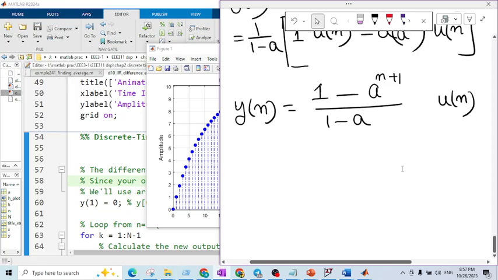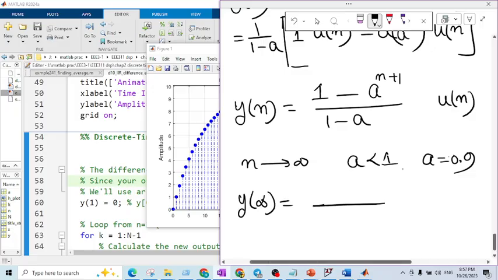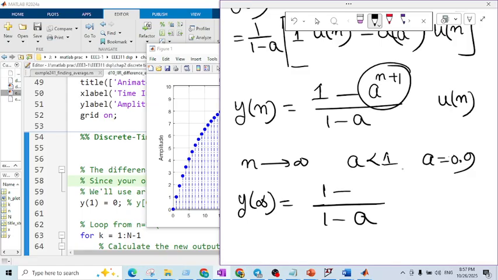Okay, so now let's do this when n tends to infinity, and a is less than 1. Let's say a is 0.9. So y infinity will be 1 minus a, then 1 minus, so this thing will become 0, right?